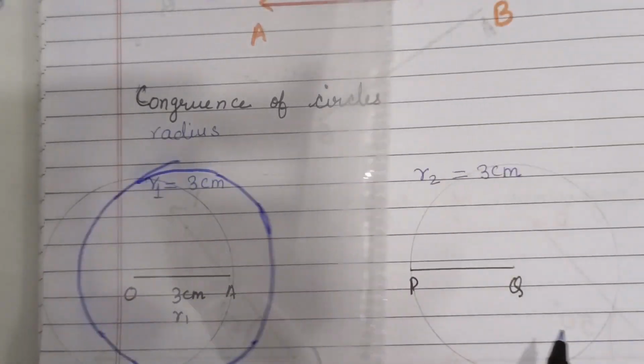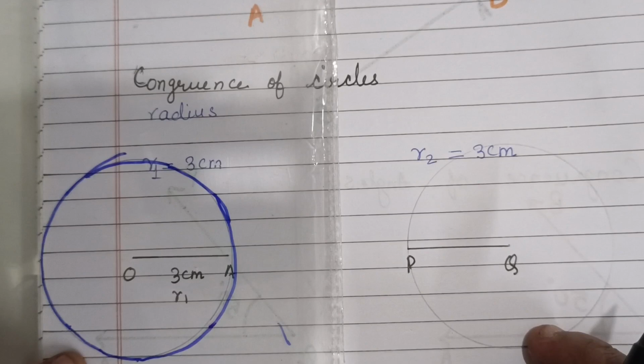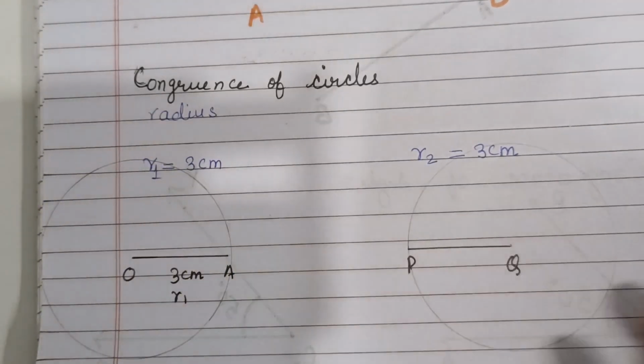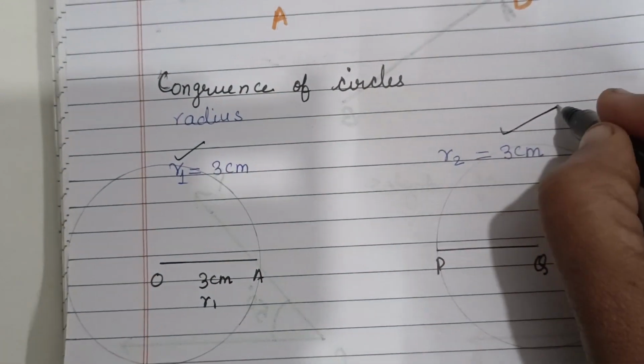Now if you overlap it on the other circle, it is completely overlapping. So in that way we can say that for the congruence of circles, their radius must be the same.